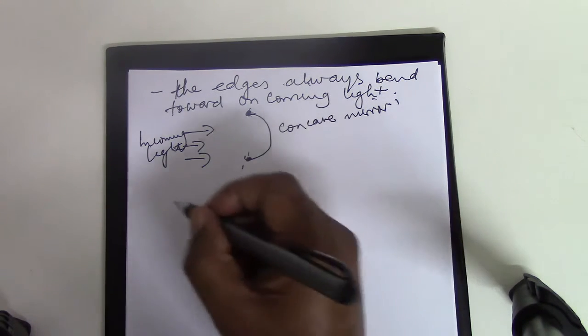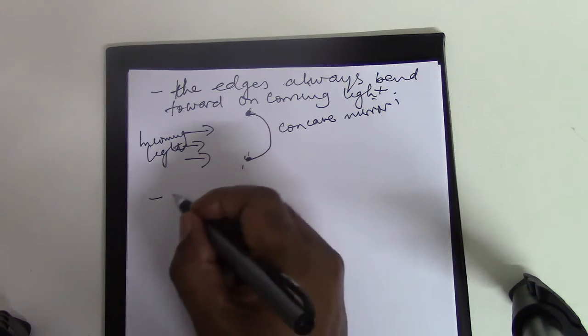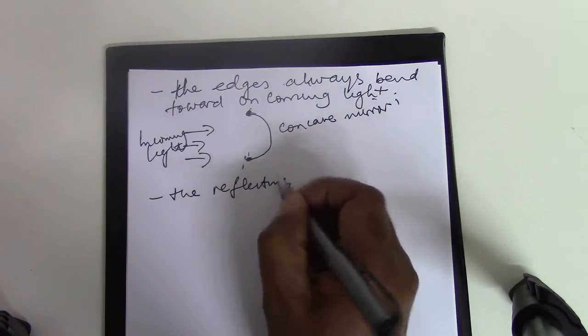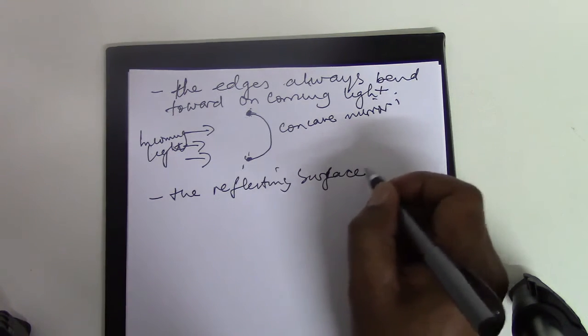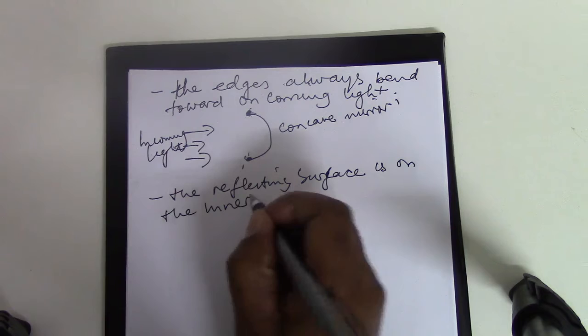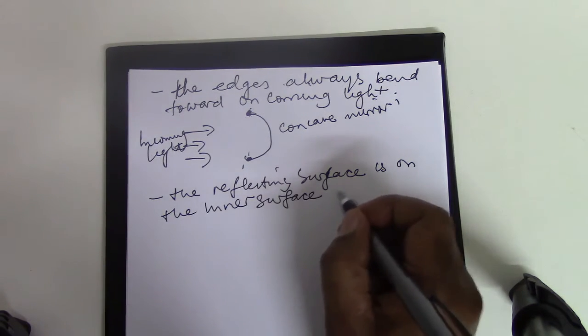Okay. Right. We can also say the reflecting surface, check, is on the inner surface. It's on the inner surface of the sphere.